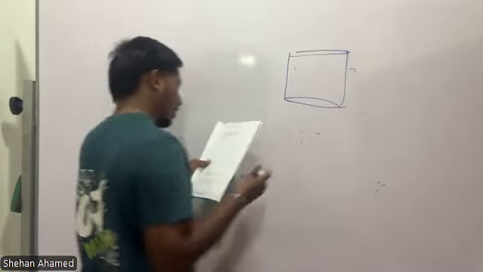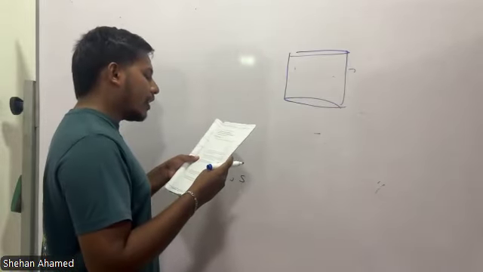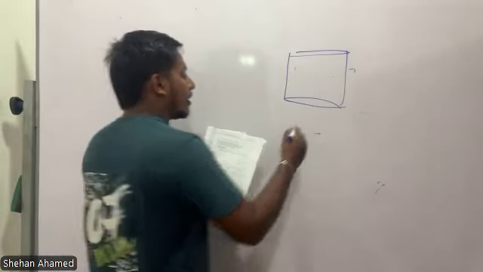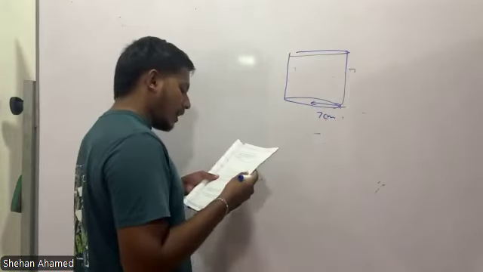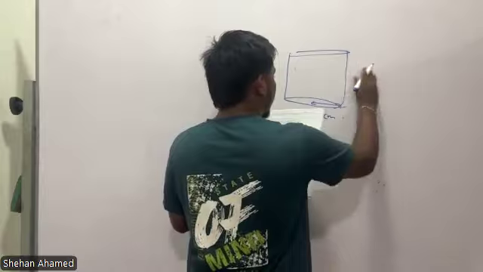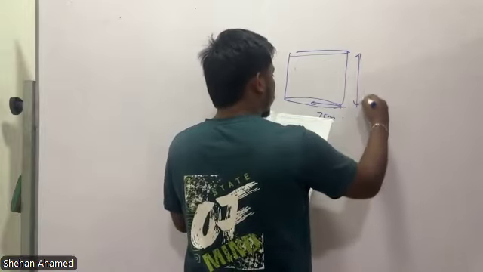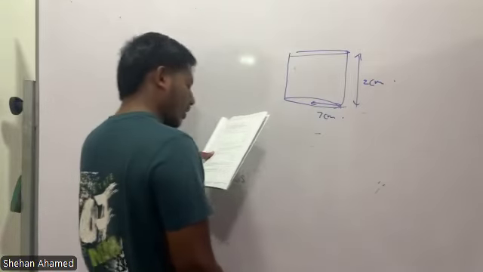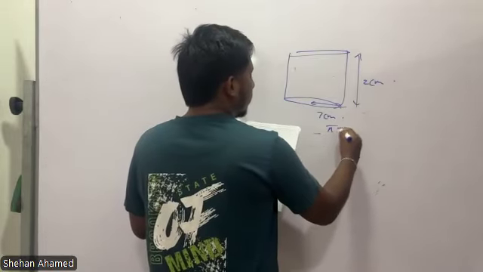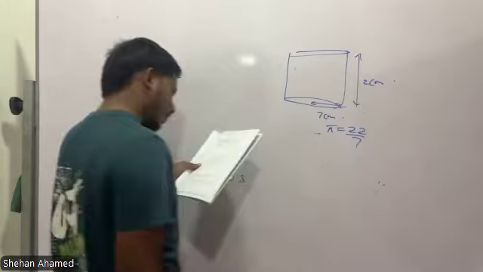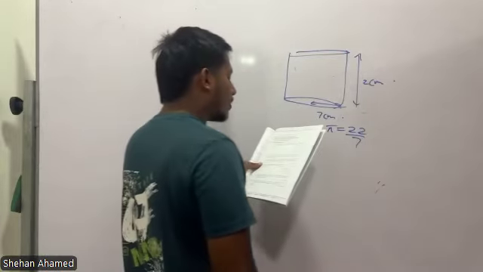The radius is 7 centimeters and the height is 2 centimeters. Take pi equal to 22/7. Find the area of its curved surface.